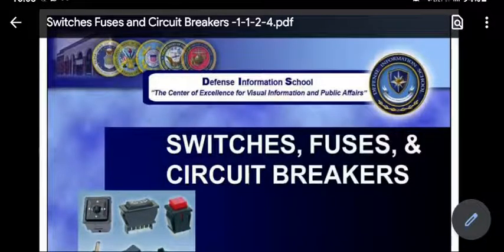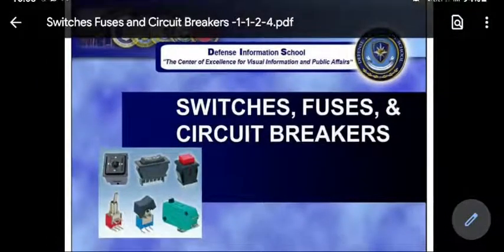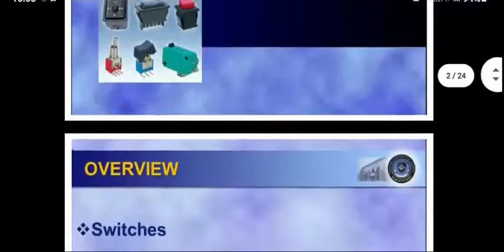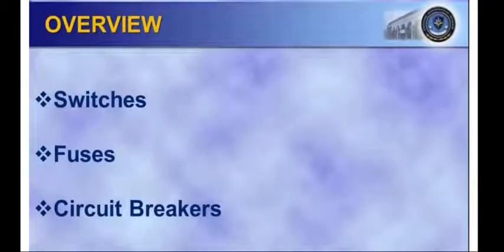There are many more, of course. Fuse is the simplest one. You see it around you in homes also. Switches also, at least the elementary ones, are seen around you all the time. Circuit breakers, probably not.